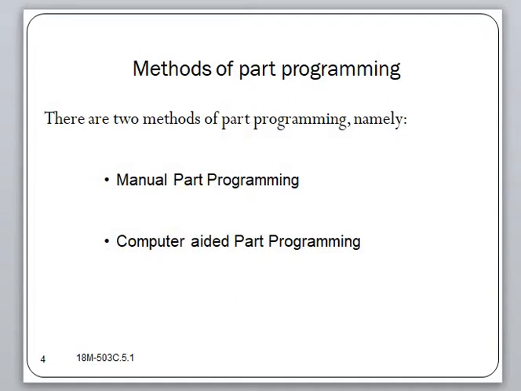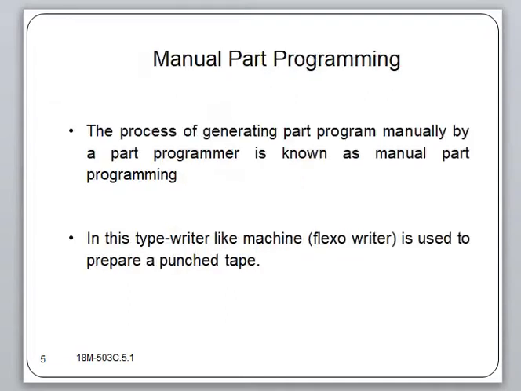So, methods of part programming: manual part programming and computer-aided part programming. In manual part programming, the manuscripts are typed with a device known as a Flexowriter, which is also used to type the program instructions.